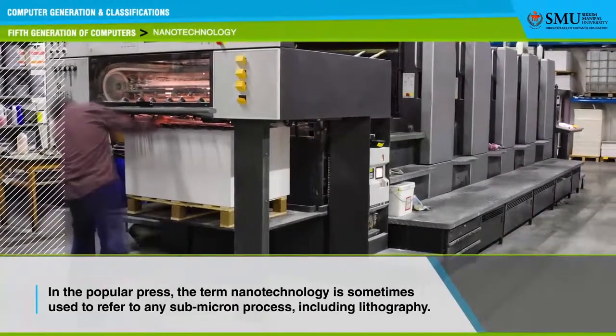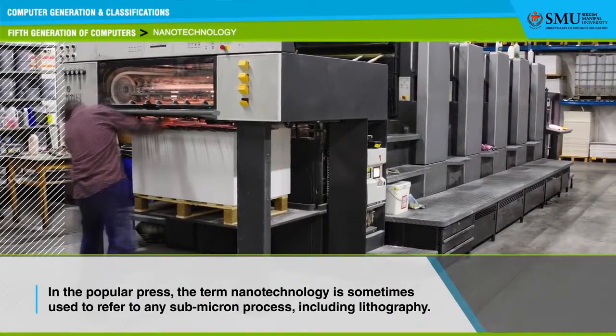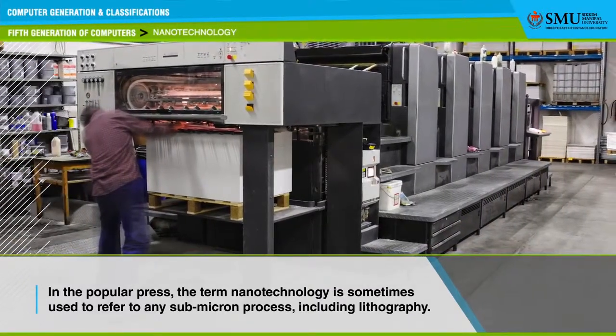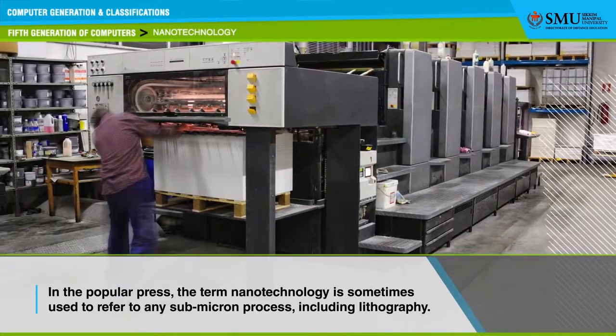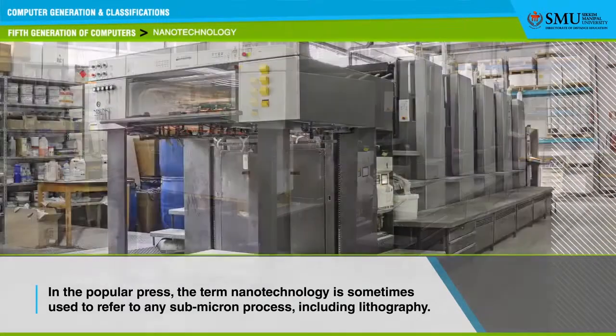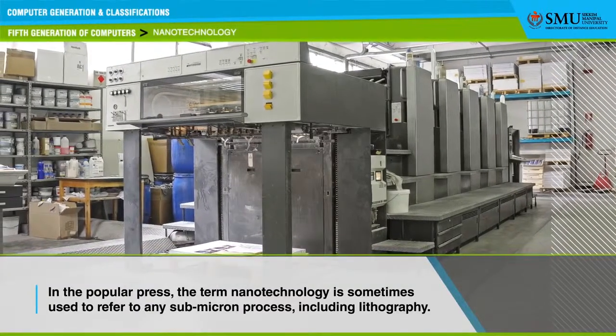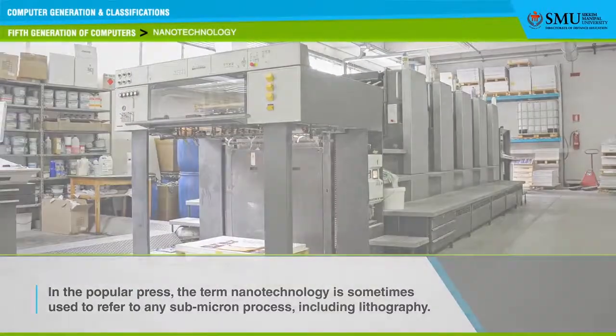However, lithography is fast approaching its physical limits. Hence, to continue reducing the size of semiconductors, new technologies that juggle individual atoms are necessary. This is the realm of nanotechnology at a molecular level, which includes submicron processes.